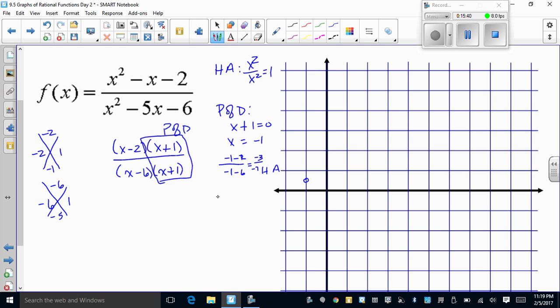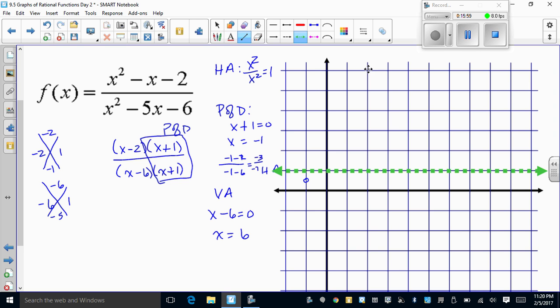Okay, vertical asymptote. Take what's left of the denominator. X minus 6 equals 0, so x equals 6. So horizontal asymptote, 1, 2, 3, 4, 5, 6. Vertical asymptote.